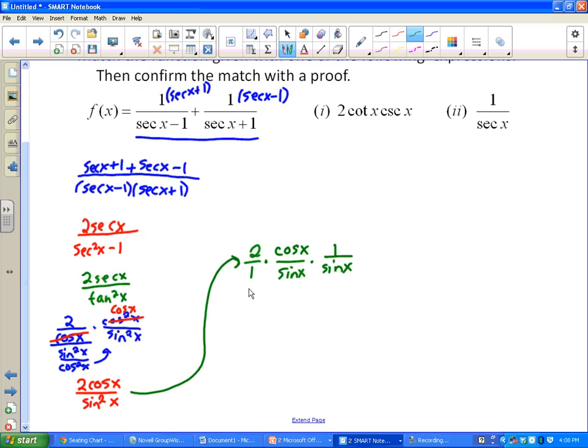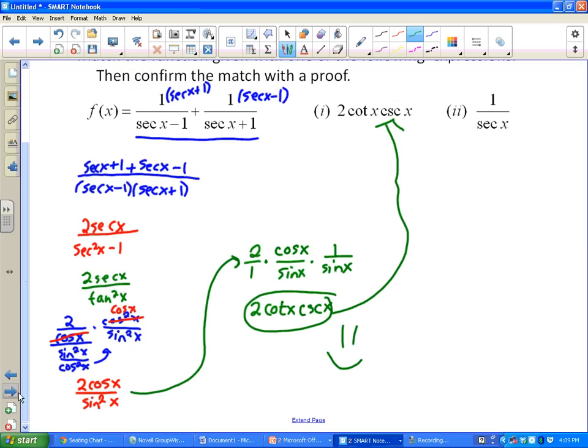And the reason this is helpful is because this is really 2 cotangent, because cosine over sine is cotangent. 1 over sine is cosecant. And I just got this one up here. Okay, so I just proved that that really is the one that matches with this. Okay, and I circled my answer, but a smiley face would also be appropriate.